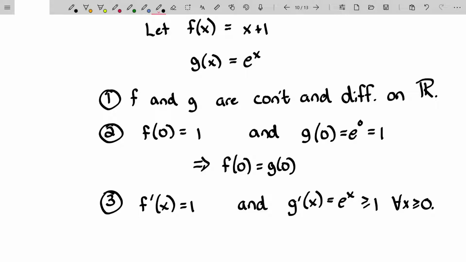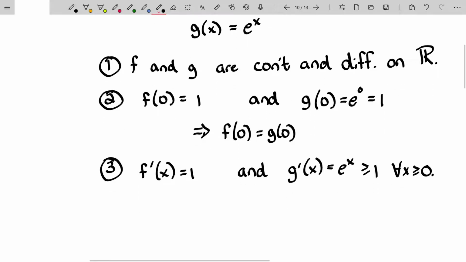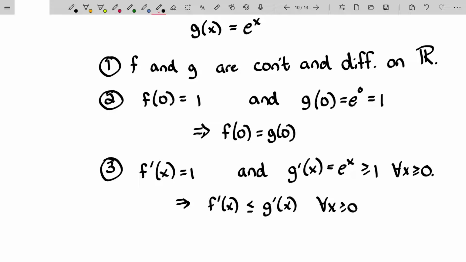G prime of x is just a function evaluation at that point. So g prime of x definitely is greater than or equal to 1 for all x greater than or equal to 0. It's an increasing function, and at 0, it is 1. All right. So this implies that f prime of x is less than or equal to, because it's 1, less than or equal to g prime of x for all x greater than or equal to 0.